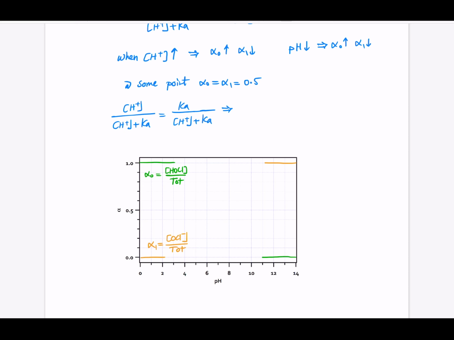What does it mean here? Exactly. At that point, H plus is equal to Ka. We're working on the pH scale, so this would be pH equal to pKa.